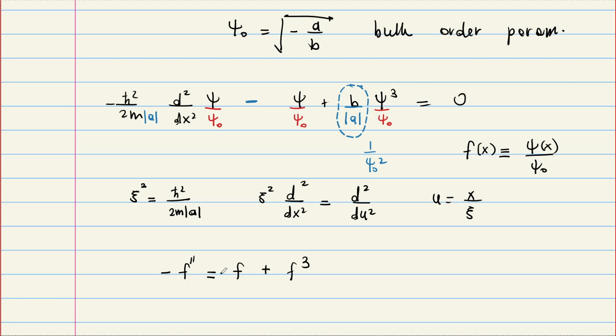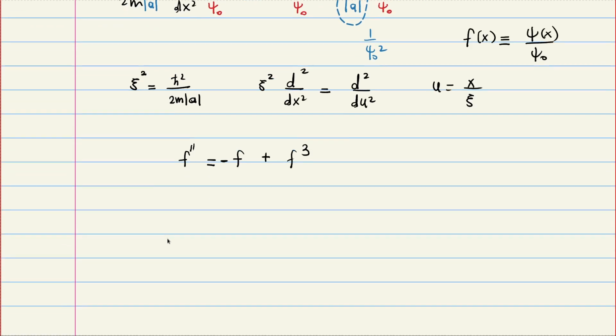So this is equal to minus, and this is plus. And the boundary conditions: f of 0 is equal to 0, and f of infinity is equal to 1. A little bit nicer to work with.